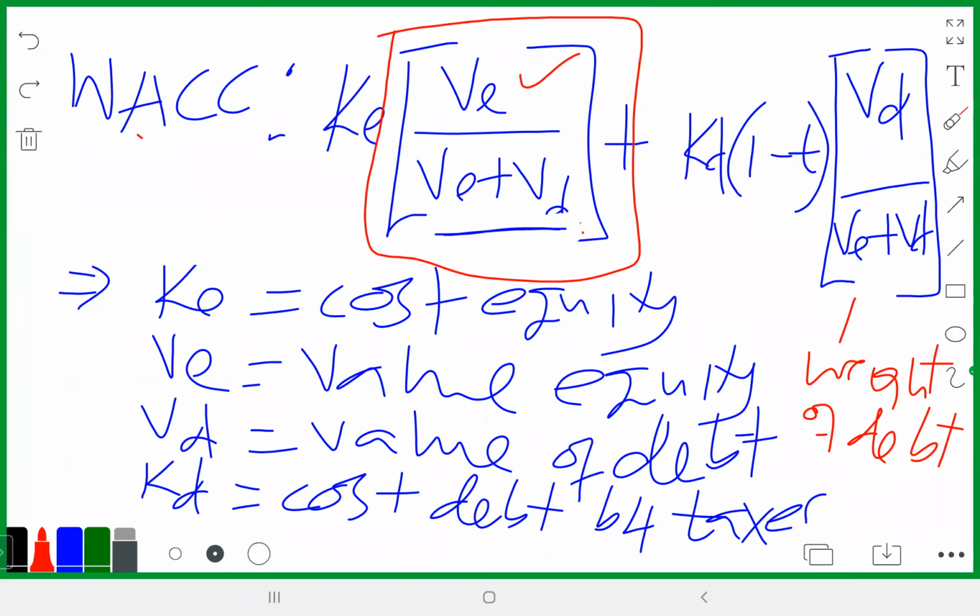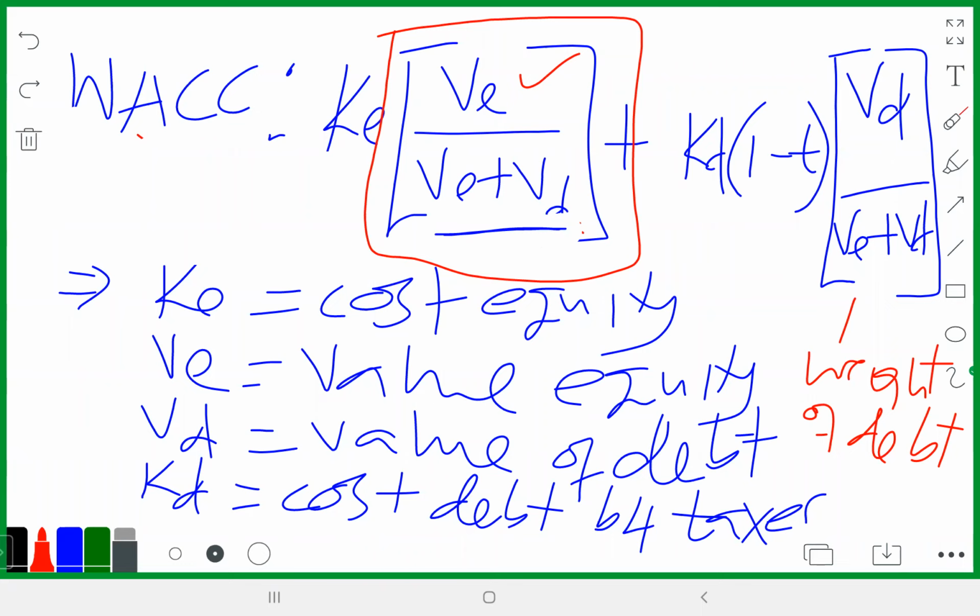About the formula, do I have any question? Have you all understood, so that we can show you an example on how to go about it?